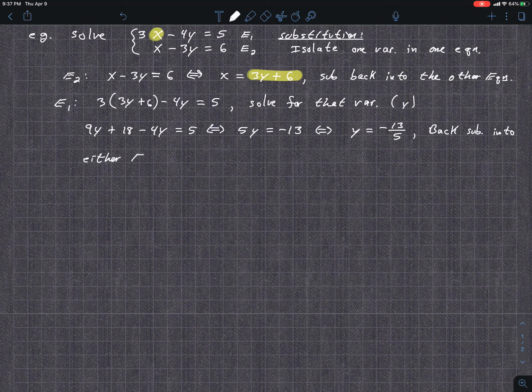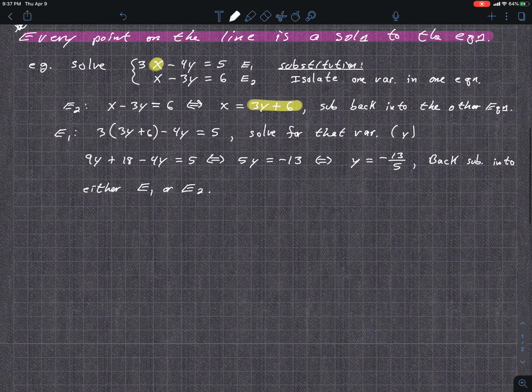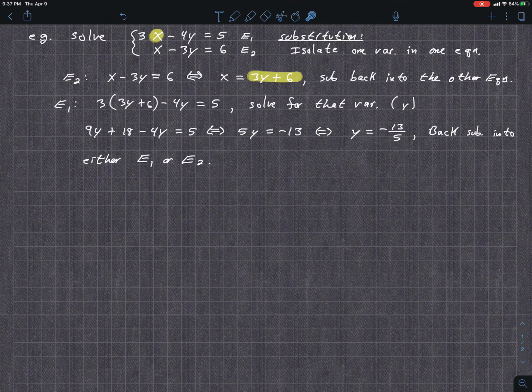So from there, what we say is back substitute into either equation 1 or equation 2. So you take either one of those and substitute what you've solved for that particular variable.